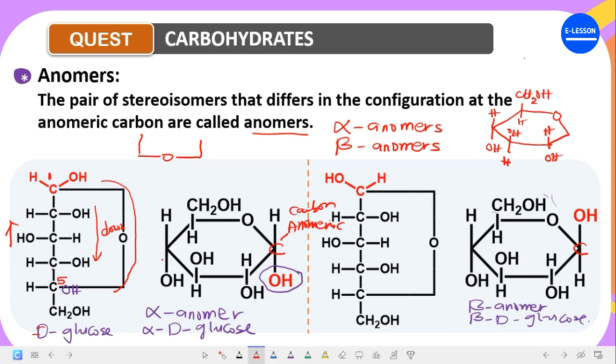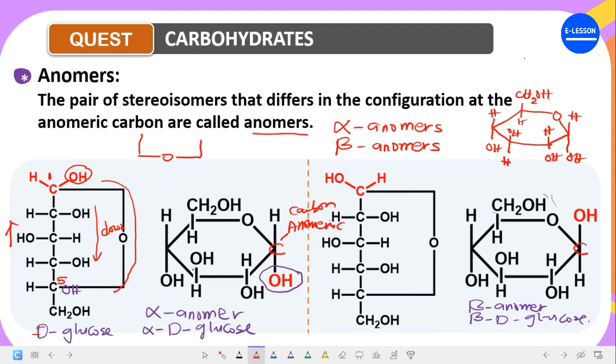Is that understood? This carbon also, if you look at it very well, if you turn it, this one is also facing down, right? So you have OH, and here is H. So you now see how this structure came from this structure.